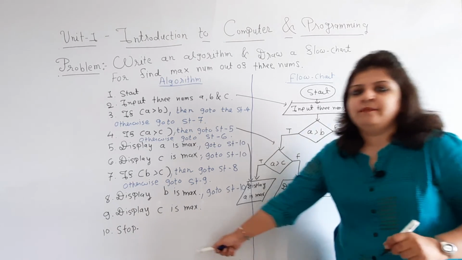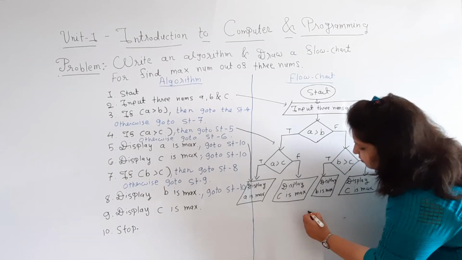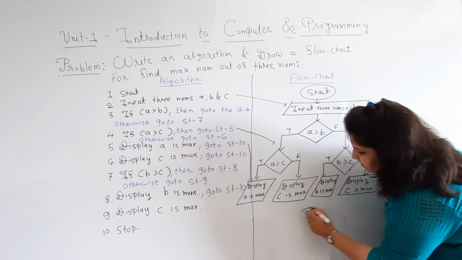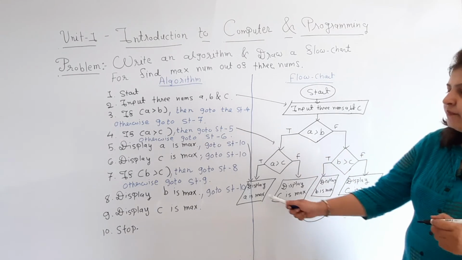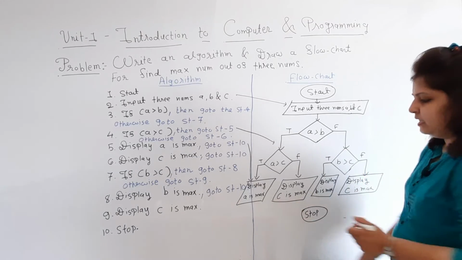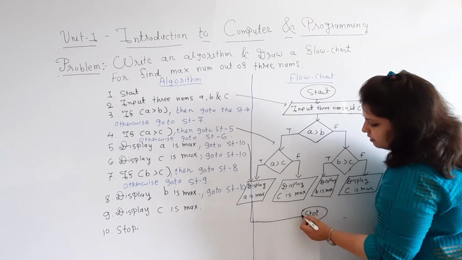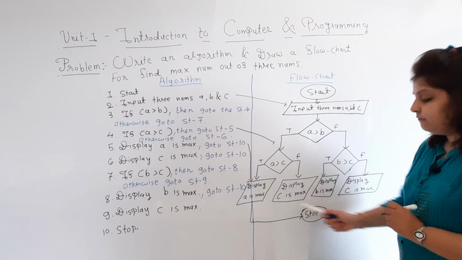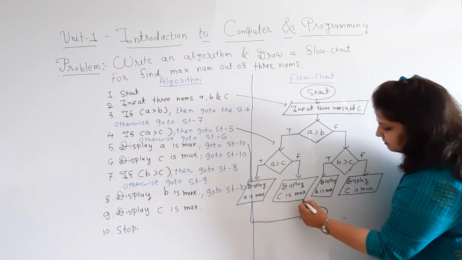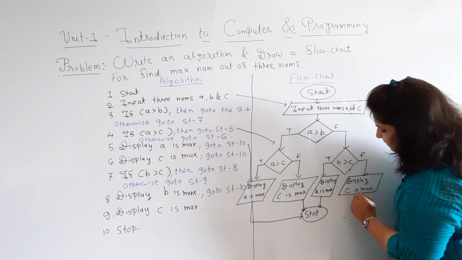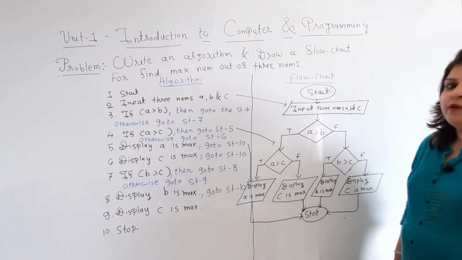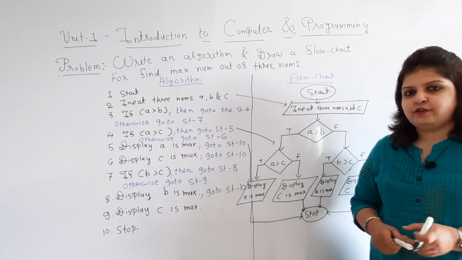And our last statement is stop. After executing any statement, our control goes directly to stop. Same for all the statements, because at a time only one output will be executed.